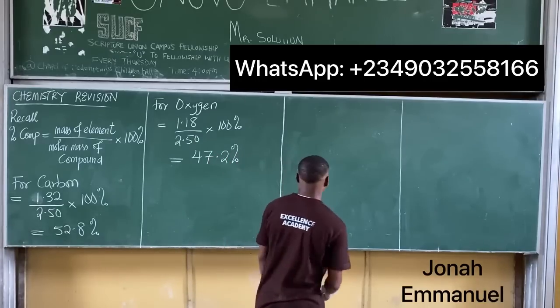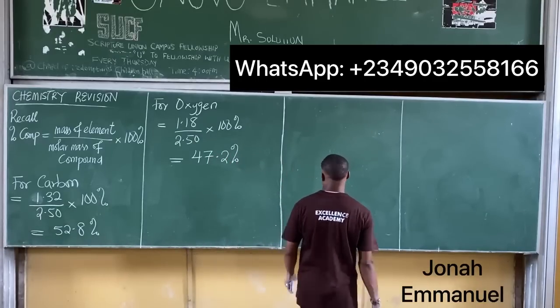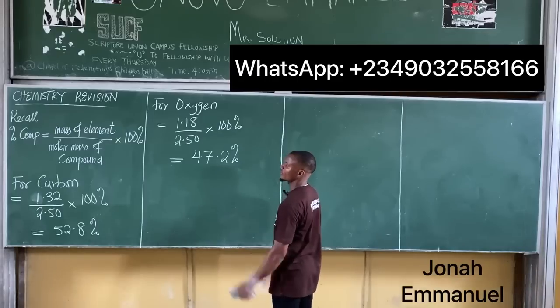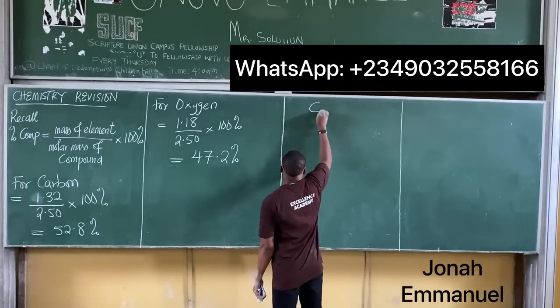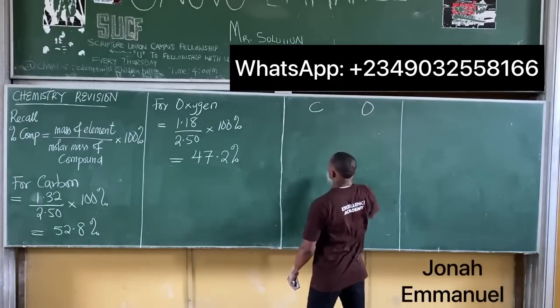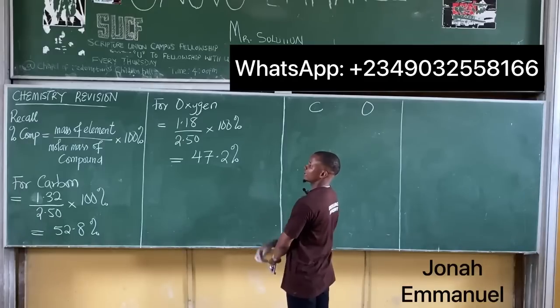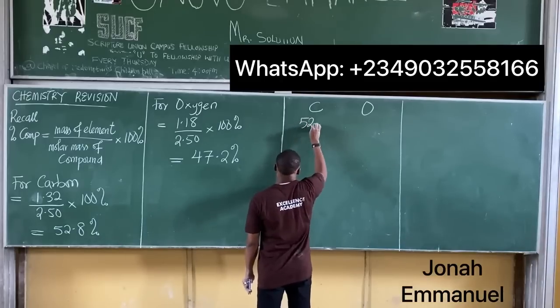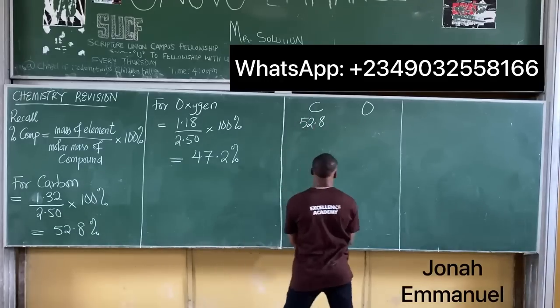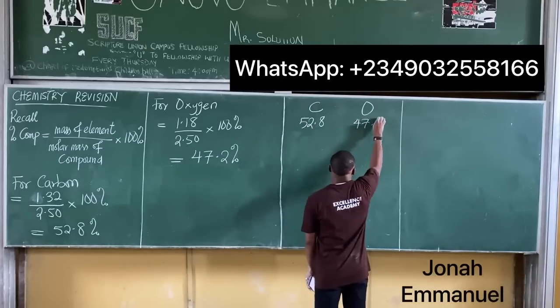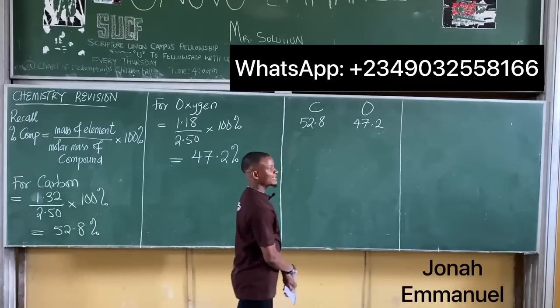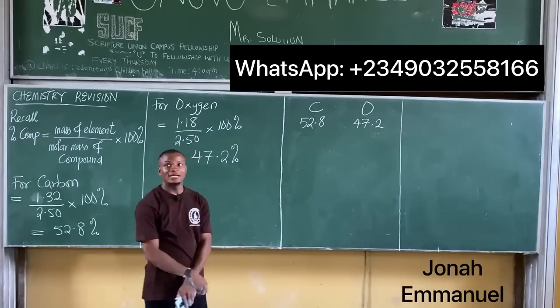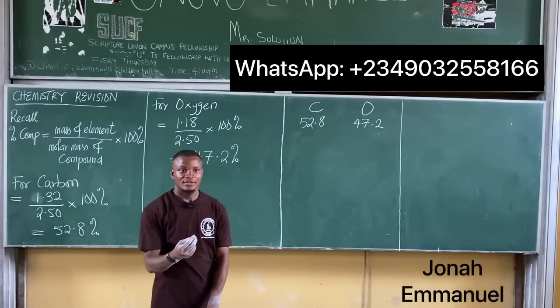For empirical formula, simply list out the elements that compose the compound. That's carbon and oxygen. Your first task, write out their percentage composition: 52.8 for carbon, 47.2 for oxygen. Second task, divide both of them by the atomic mass.